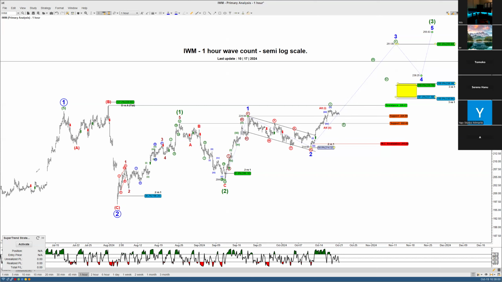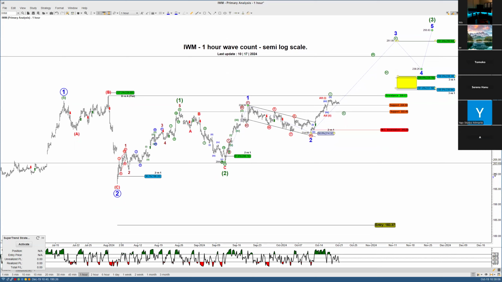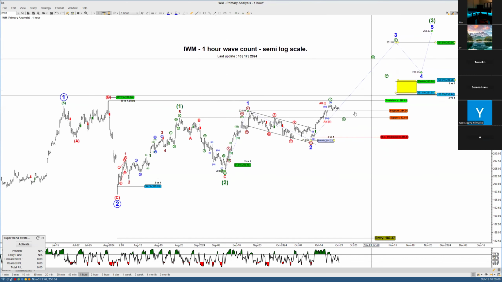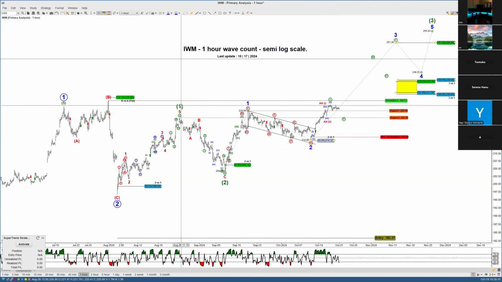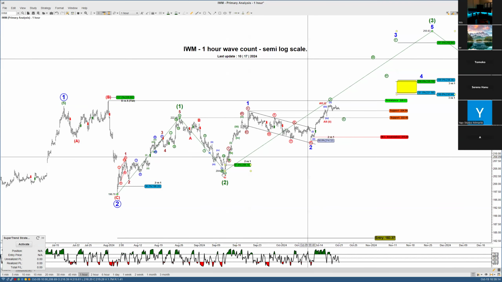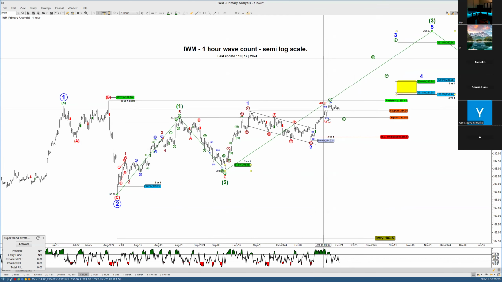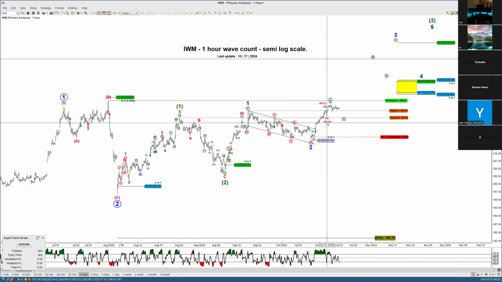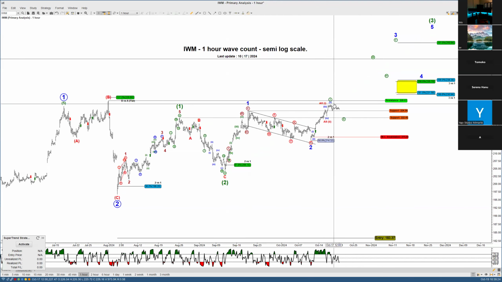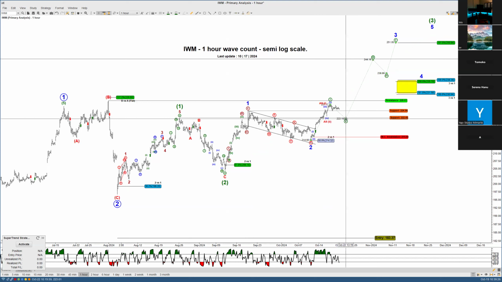Okay, so the same thing here on IWM. I've had 1, 2, 1, 2. So the wave count looks good, but I don't know if this is all of 1, 2, or we just completed 5. Now we're going to come back down in 2.